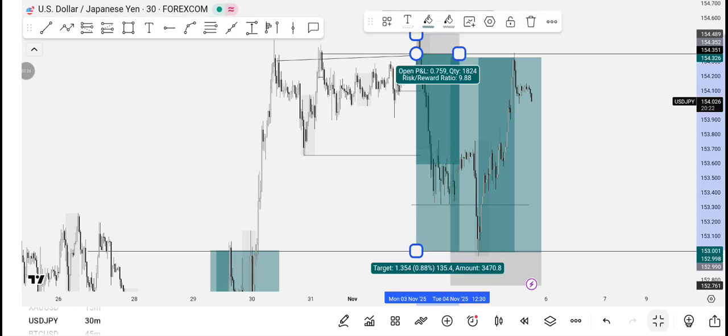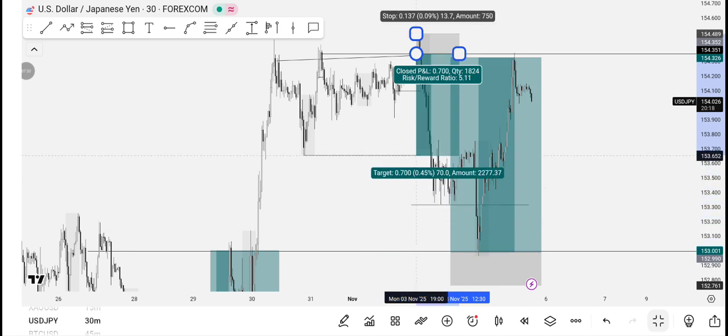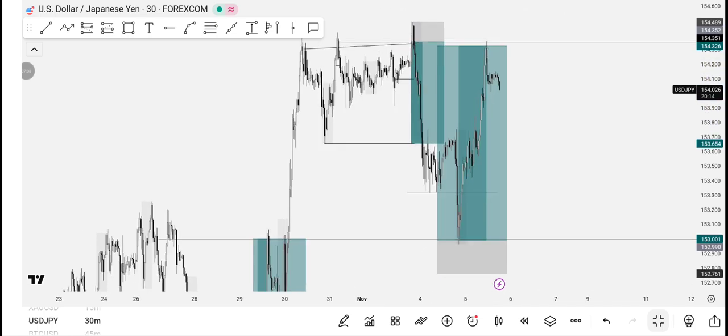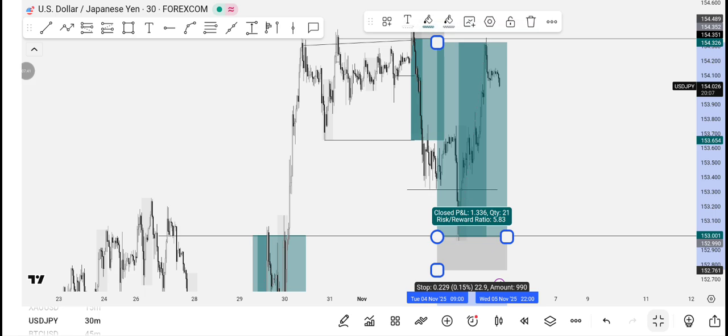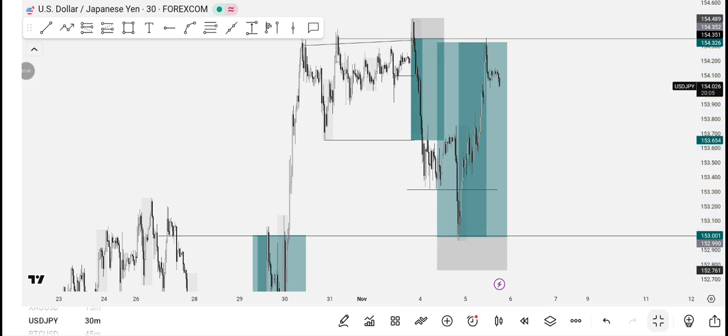But to be disciplined and not to be greedy, I chose to take profit at this low here. So that was how I caught these sales and this buy in the market on USDJPY.